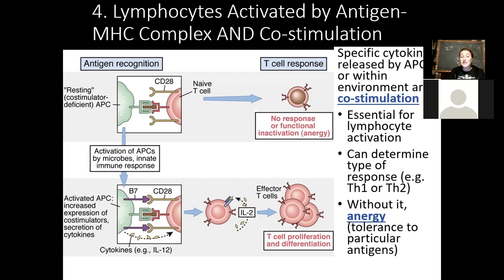And it is this co-stimulation event that determines what the T helper cells are going to grow up to be, and therefore what part of the immune system they're going to activate. Okay. Again, any questions there?